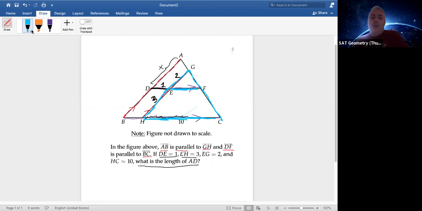So in this triangle, can I say 2 over 2 plus 3 equals EF, which is here, over HC. Check it, please, this one. Can we say or not?